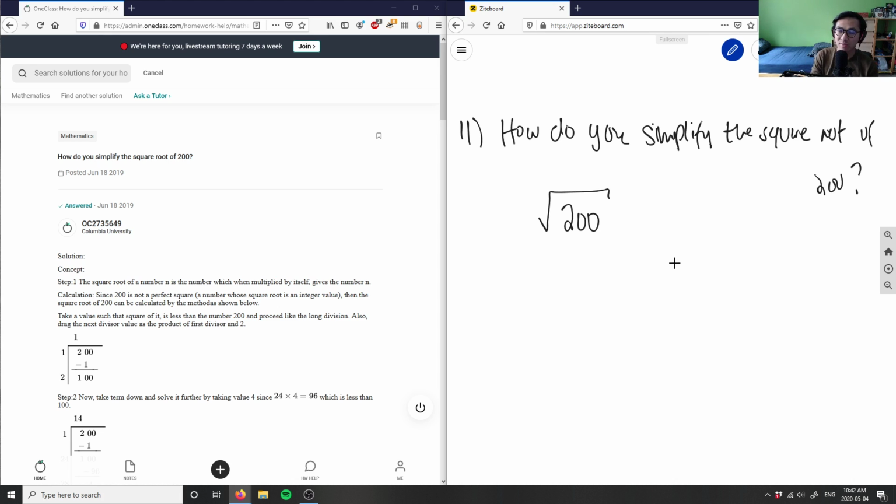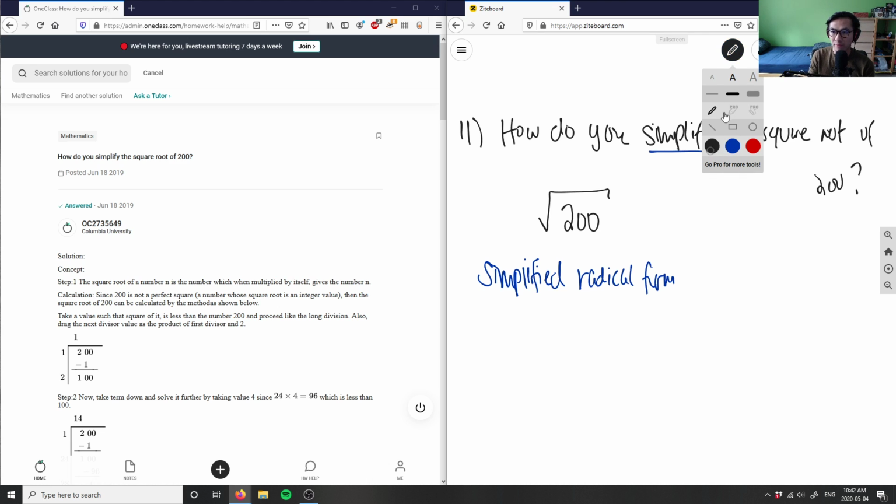But if I want to simplify the square root of 200, I'm going to do the simplified radical form of that first. So let me do that for you. My pen's kind of going wonky. There we go. Simplified radical form is what I'm assuming the simplified term means.